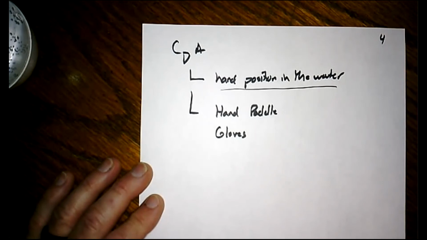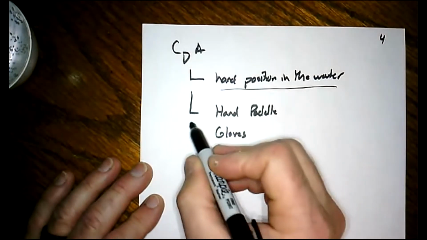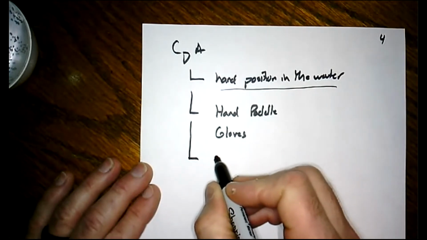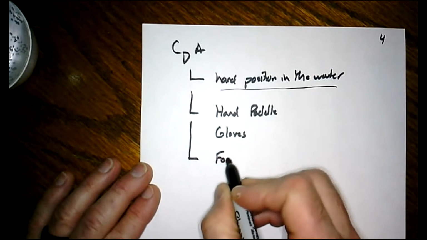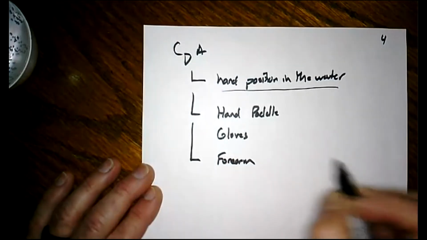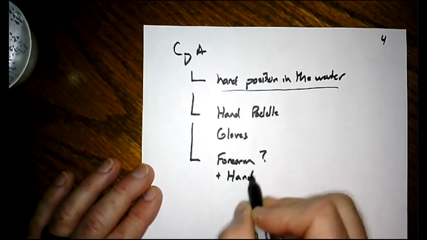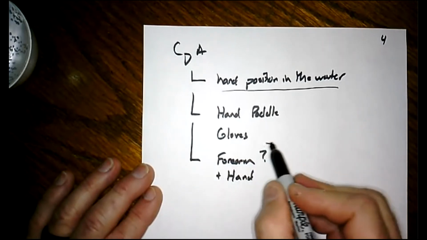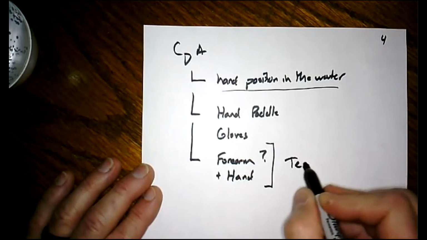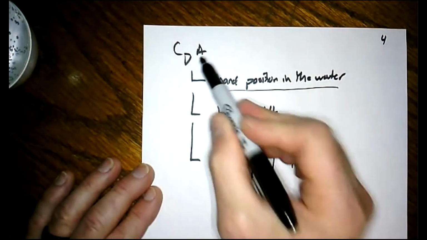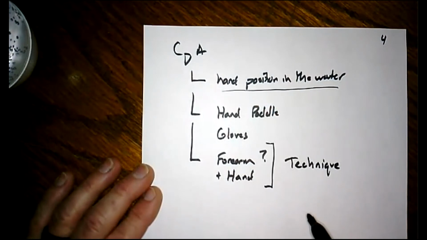Actually, it could also be not just the hand, but maybe the forearm. Maybe forearm and hand put together. Maybe there's a specific technique to increase this CDA, to increase propulsive force.